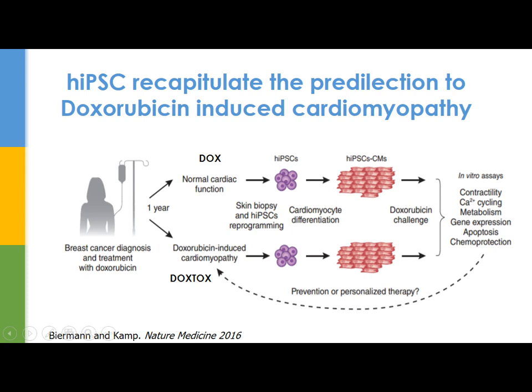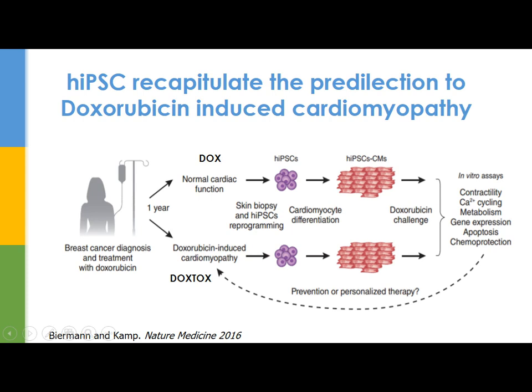They generated human pluripotent stem cells from breast cancer patients. There were 4 breast cancer patients that, after 1 year follow-up, did not develop doxorubicin-induced cardiomyopathy. They tagged this group as DOX. 4 breast cancer patients developed doxorubicin-induced cardiomyopathy. This was tagged as DOX-TOX.